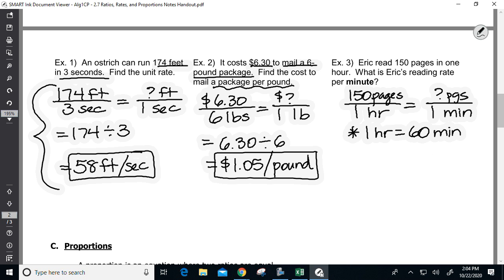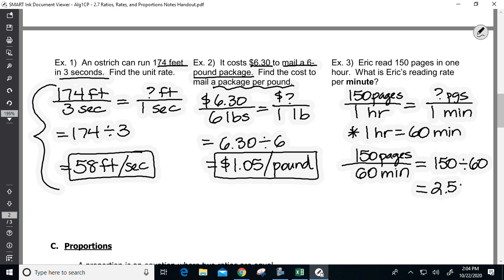So you need to change this to 150 pages over 60 minutes. Now, you can answer the question. 150 divided by 60 is what? 2.5. So this man can read 2.5 pages in 1 minute.